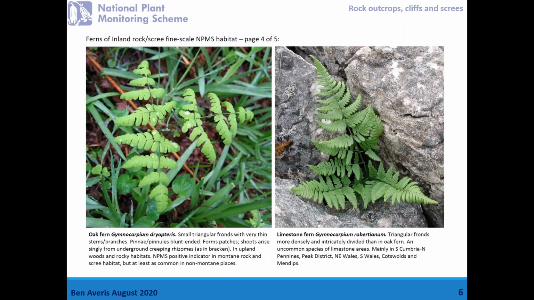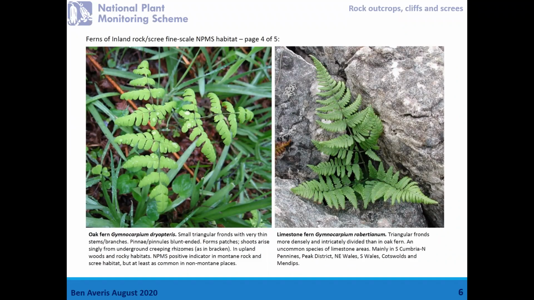The limestone fern is actually much less common. They're always a really good find in limestone areas, among limestone rocks, but it looks more ordinary, like an ordinary littleish version of some kind of male fern or buckler fern, divided up a bit more finely than the oak fern, but it doesn't have such a really delicate appearance. It's just like a very, very miniature buckler fern kind of plant.